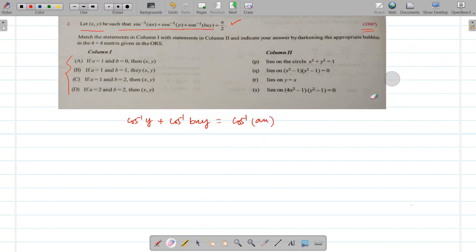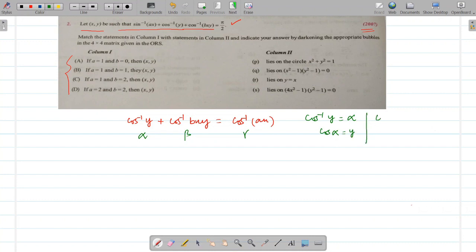Now we'll assume this angle cos inverse of y is alpha, this one is beta, and this I take as gamma. As cos inverse of y is alpha, cos alpha's value is y.